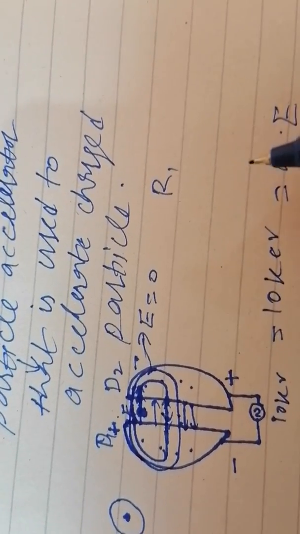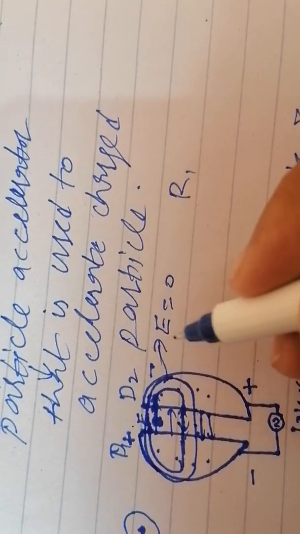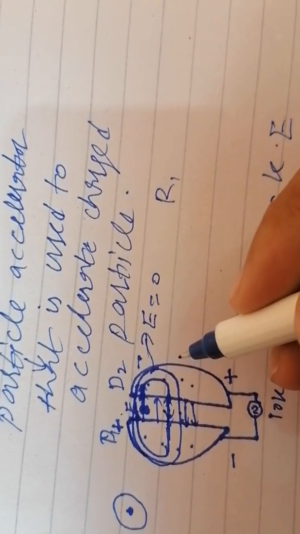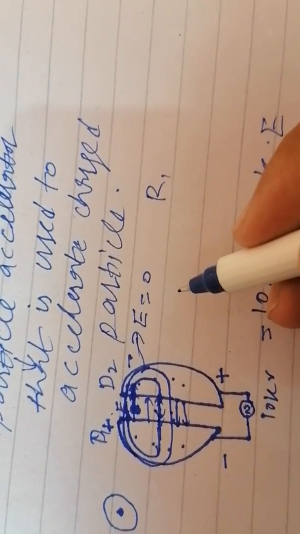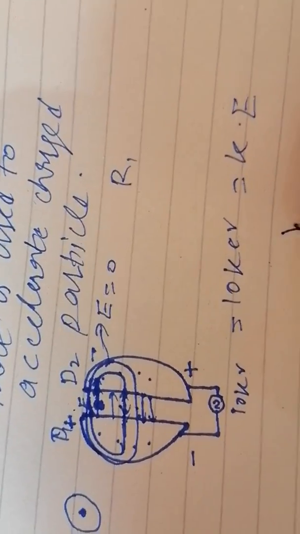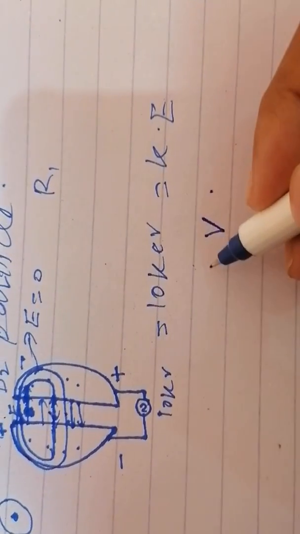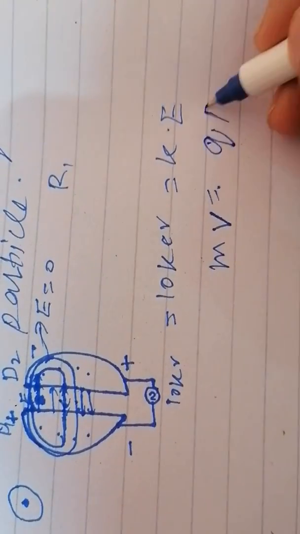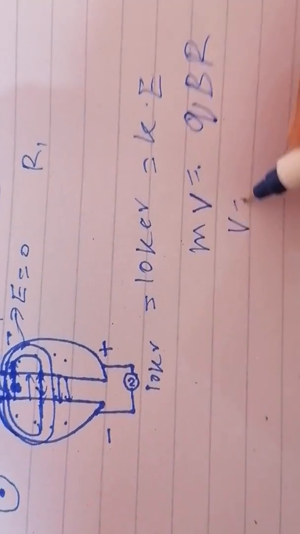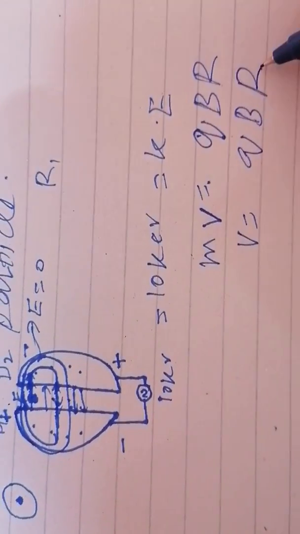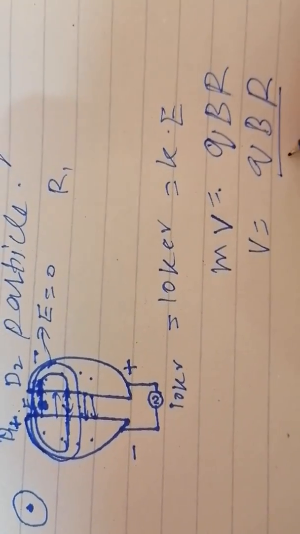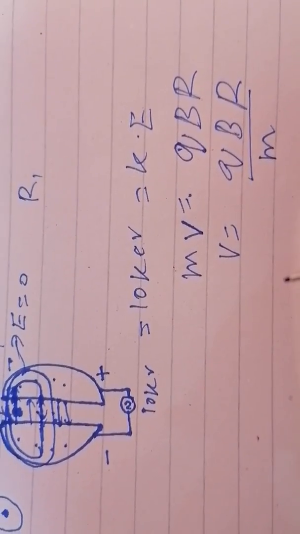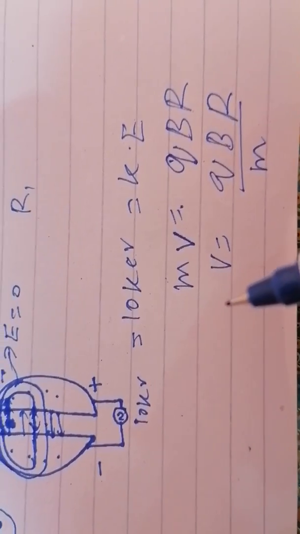The particle's radius will become bigger and bigger, and the velocity with which it will leave the cyclotron follows from mv equal to qBr. So the velocity will be qBr over m. That is the velocity with which it will leave the cyclotron.